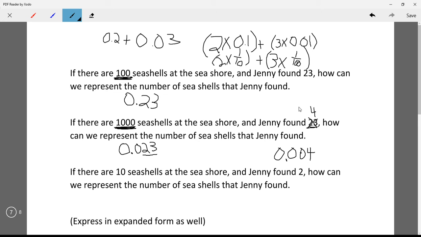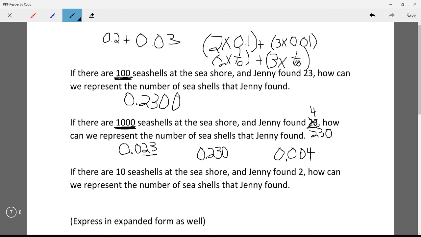Now if it was, let's just say, 230 out of 1,000, that would actually be 230 thousandths, which would actually be the same as 23 hundredths, because if you add zeros, it doesn't change the value after the decimal, that is.